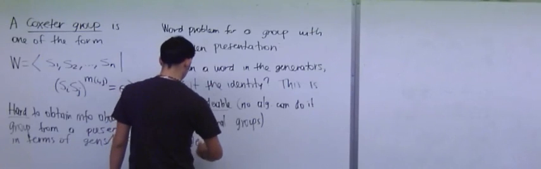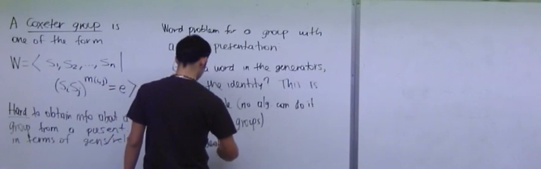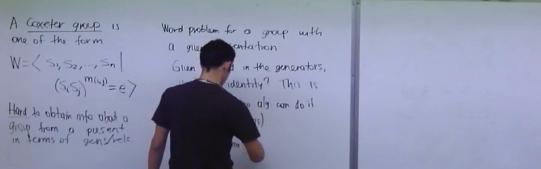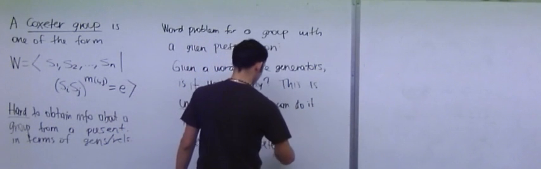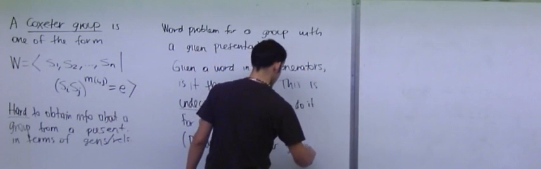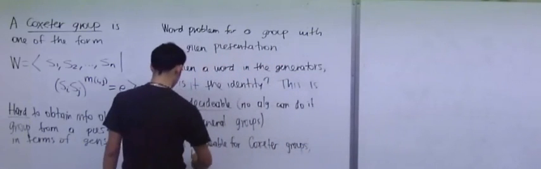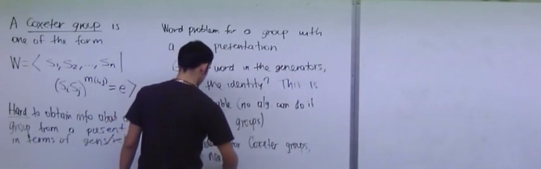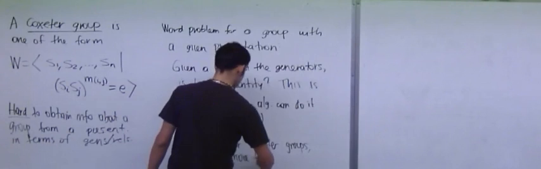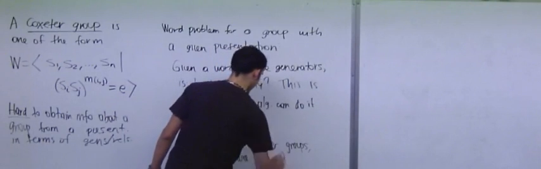So decidable for Coxeter groups, but only after we develop some theory. Need more theory. Okay?